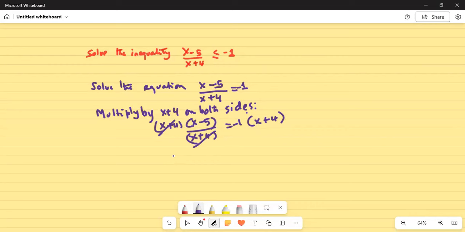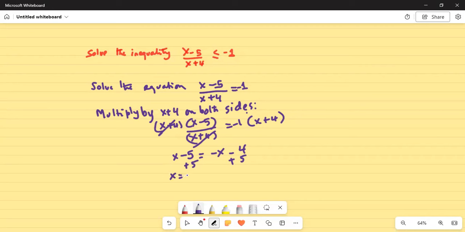So I have x minus 5 equal to, I'll distribute the minus 1, that is I'll multiply both the terms by minus 1. Minus 1 times x is minus x, and minus 1 times plus 4 is minus 4. Then I will add 5 on both sides because I want to keep the constant terms on one side.